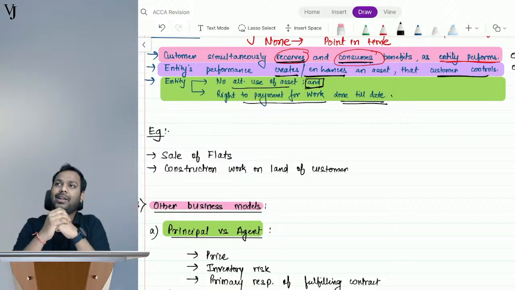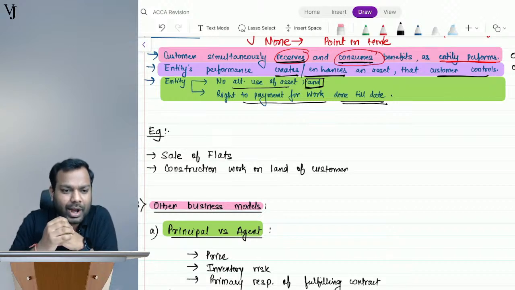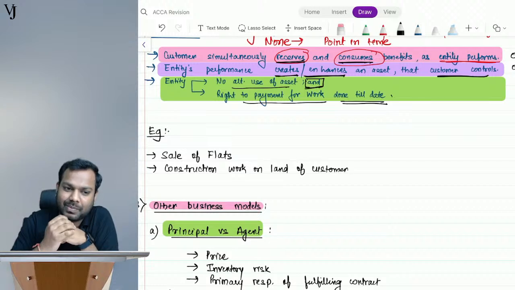What happened here then? Don't you think DLF will require the payment for the two floors which it has constructed? Tell me.